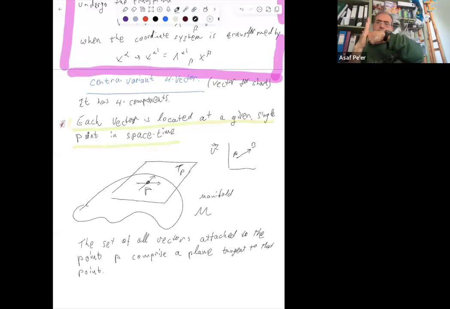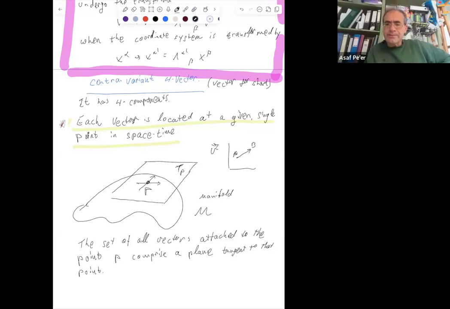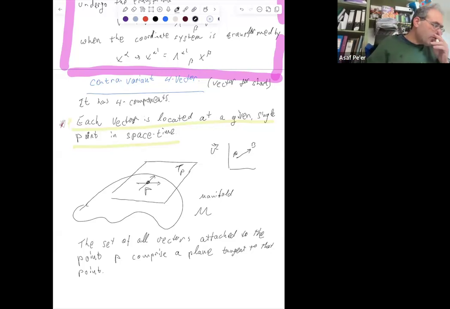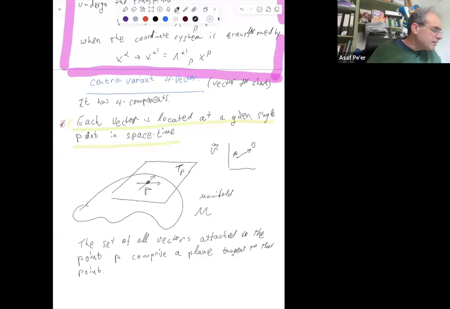That is the tangent space to P, T_P. And the set of all the vectors forms the tangent space.